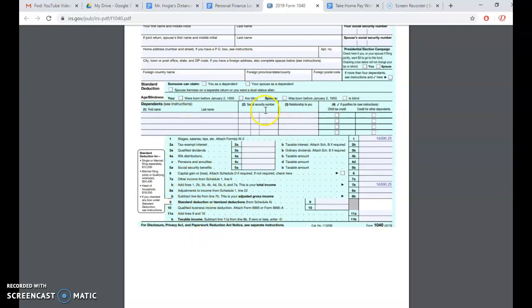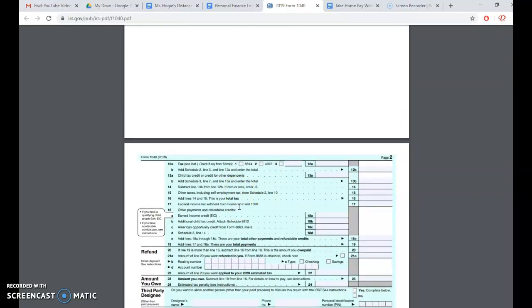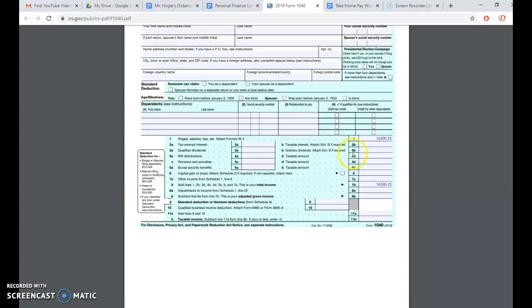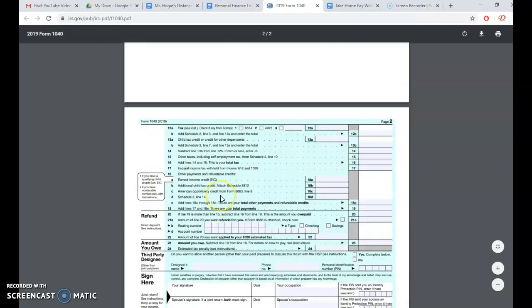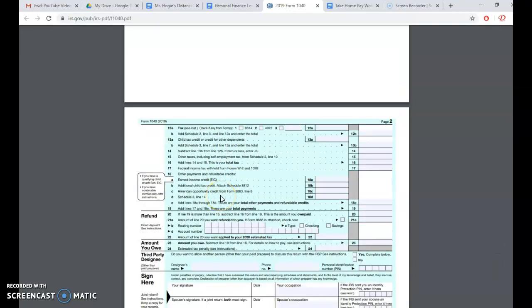But basically, you get the gist: we grab numbers from that W-2 form and then we put them in here. It looks intimidating as you look at this right away. But if you go line by line and ask, okay, what's it asking for? See right here, it's asking for your bank account information. You just look at one of your checks or your bank account.